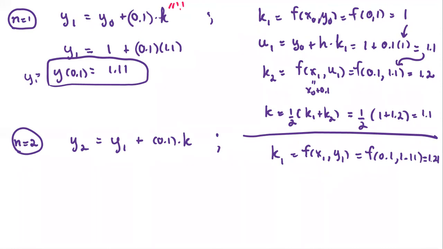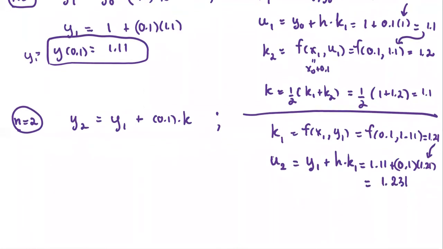And next, we get the next predictor, which is u2. u2 is y1 plus h multiplied by k1. And we get y1, which is 1.11, plus 0.1 multiplied by 1.21, or 1.231.